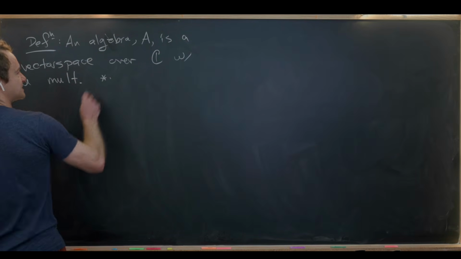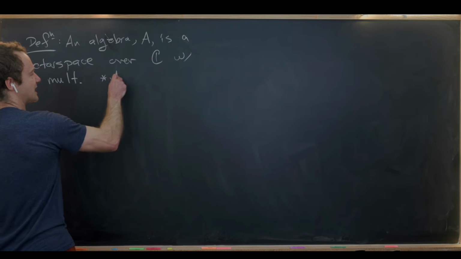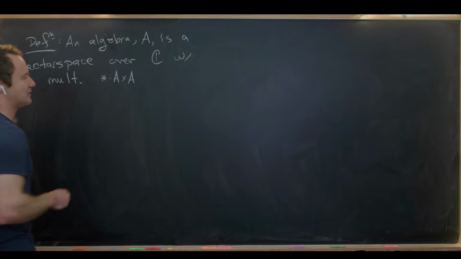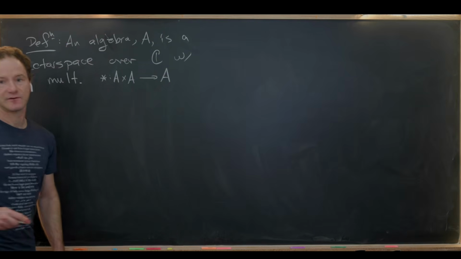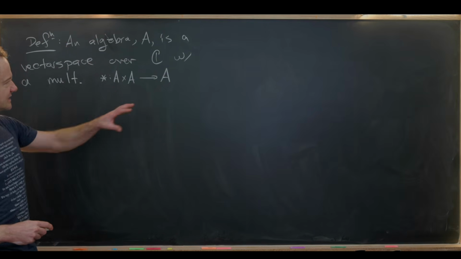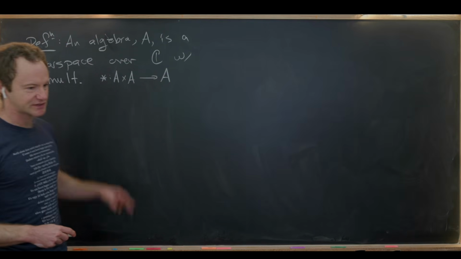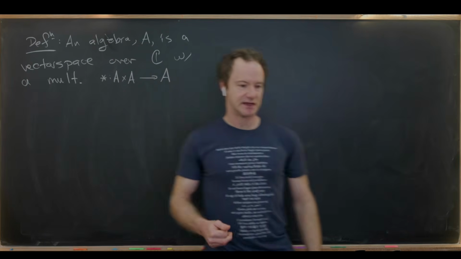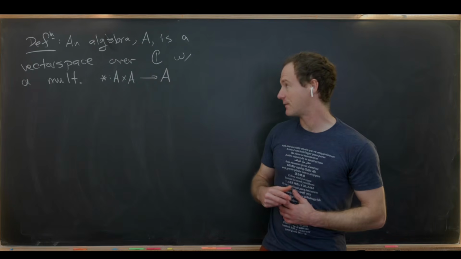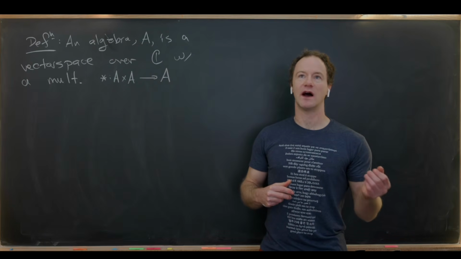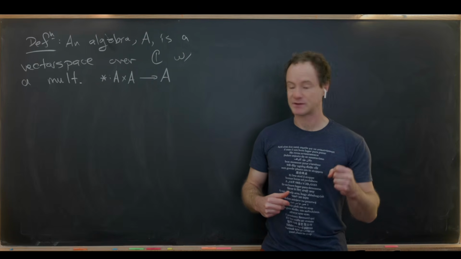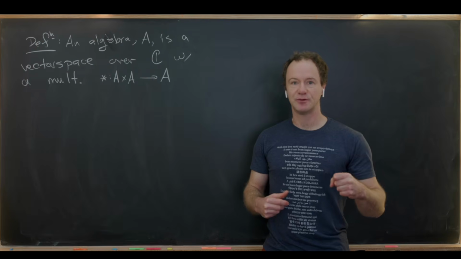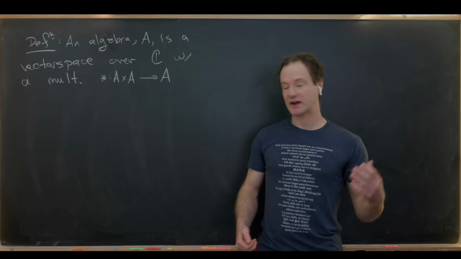Okay, so we've got this multiplication star, which has two inputs, each from A, and gives you an output from A. And just to say this really quickly, what you want star to be is a bilinear map. Or maybe thought about otherwise, left multiplication by any element and right multiplication by any element should be a linear transformation in the vector space.